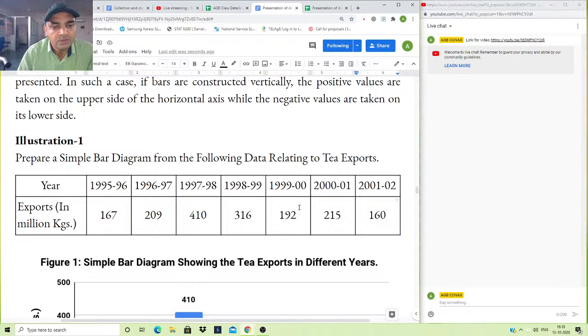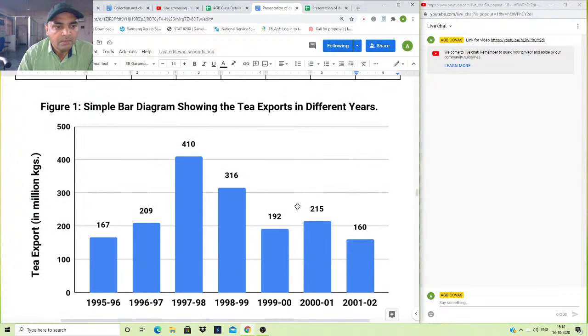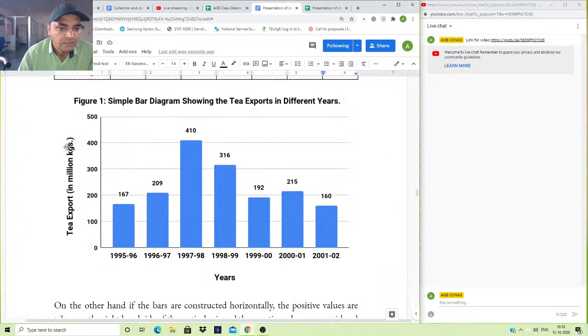We have already discussed the principles of making a bar diagram. I am showing you this simple bar diagram here. I am minimizing it a little so that you can see the whole diagram in one view. At the top is the title of the bar diagram: Figure 1, simple bar diagram showing the tea export in different years.